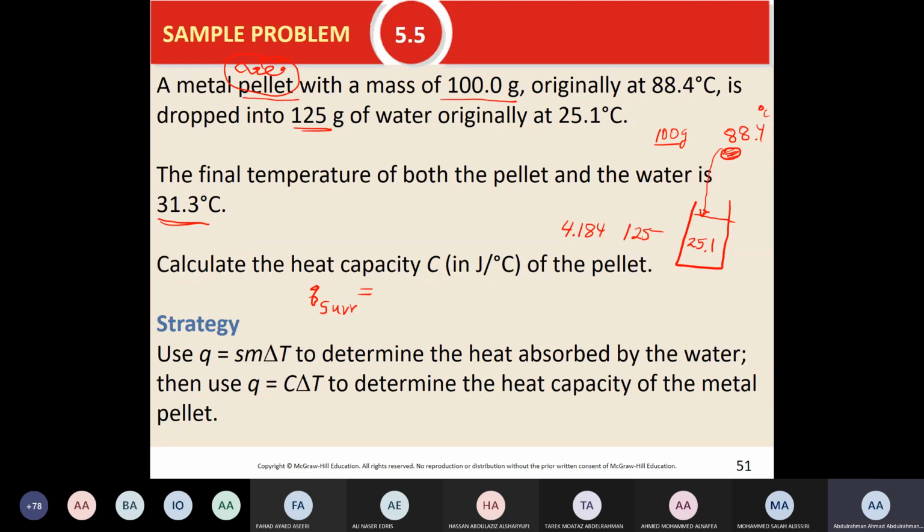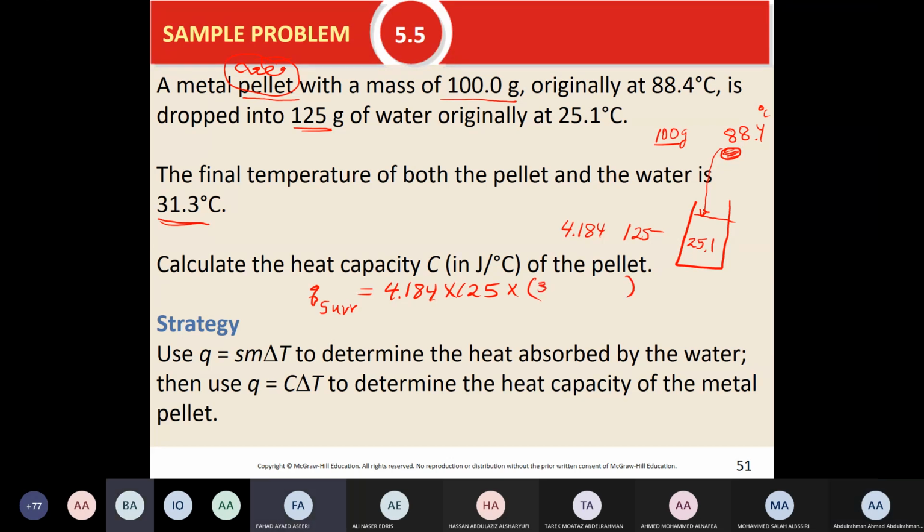Do we know? We can multiply them. Yes, S M delta T. Which is what? 4.184 times what? Times 125. Okay, times 25.1. No, wrong. 31.3.